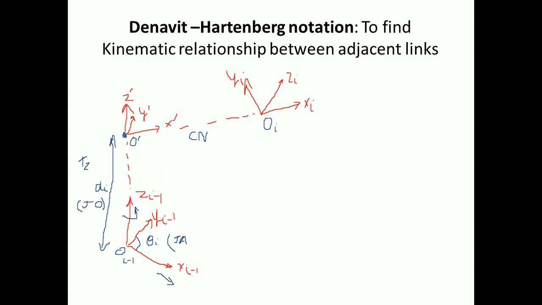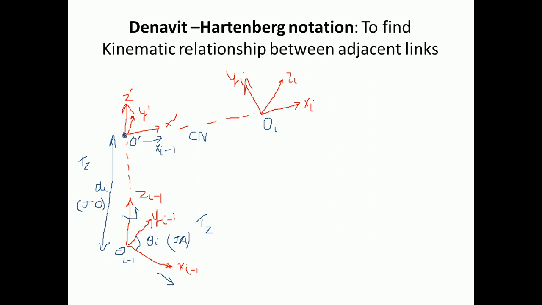Okay, and this step is performed so that this x i minus 1 is going to be parallel with this common normal. Okay, and the homogeneous transformation matrix which we write over here is for rotation about z axis. Okay, now the next step is that we have to reach the second principal axis frame from this O dash origin.